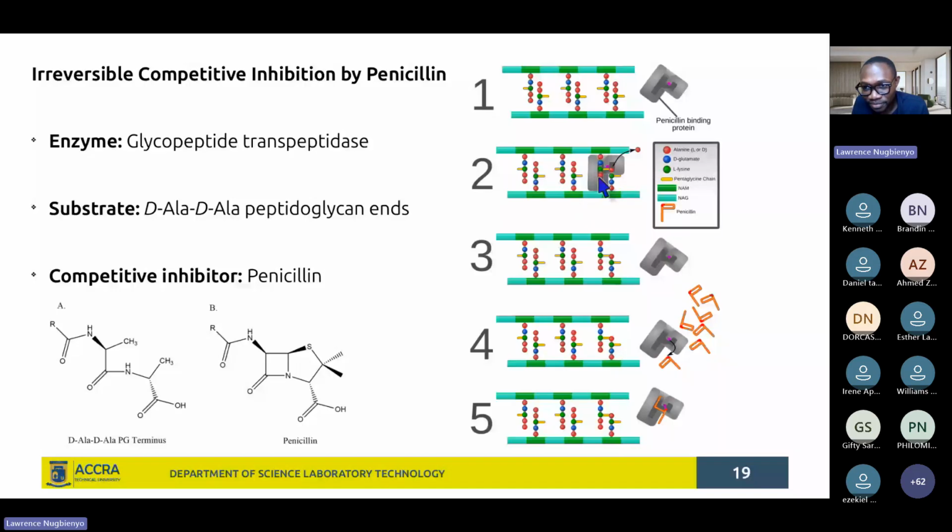When it binds, you see that you have alanine, red, which is that peptide residue that has interaction with the active center, the serine residue in there.